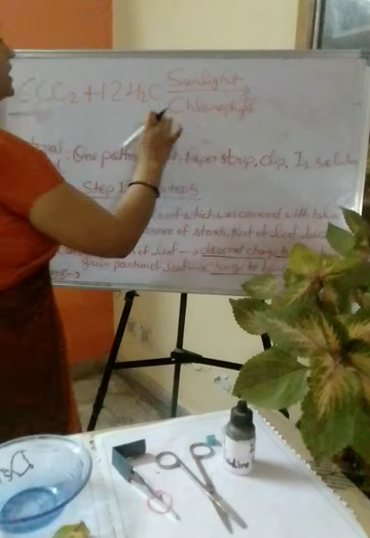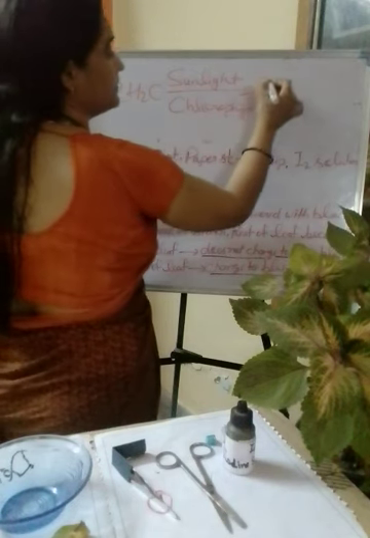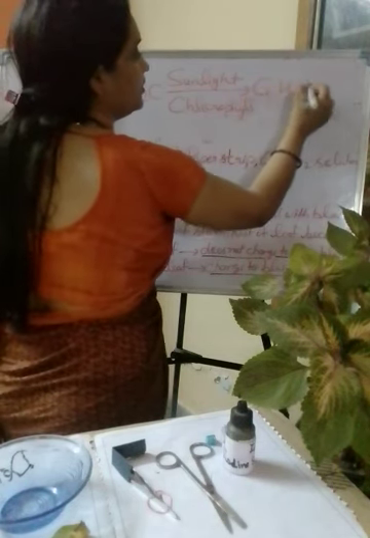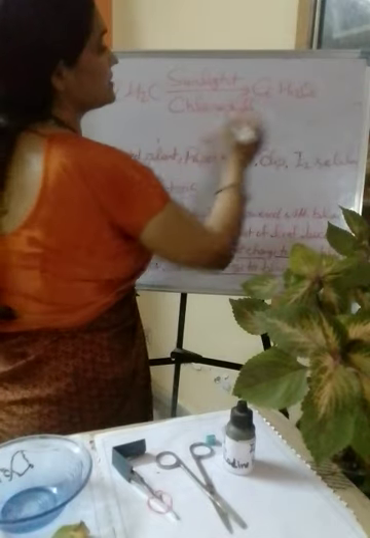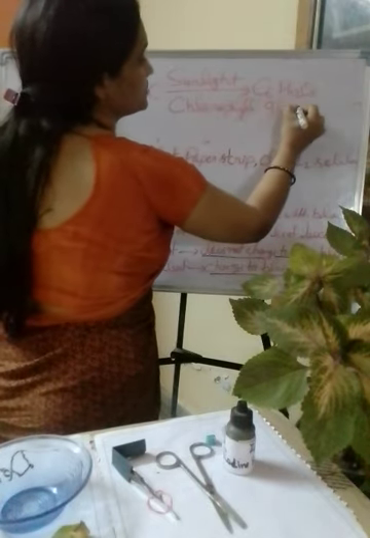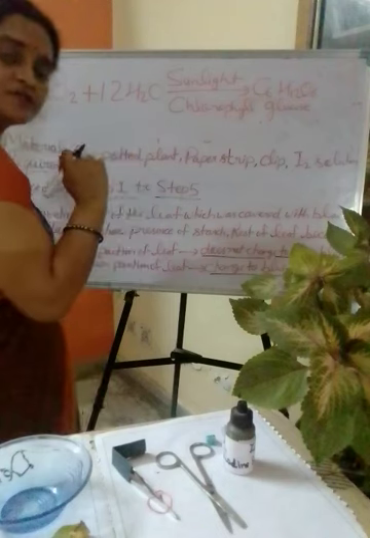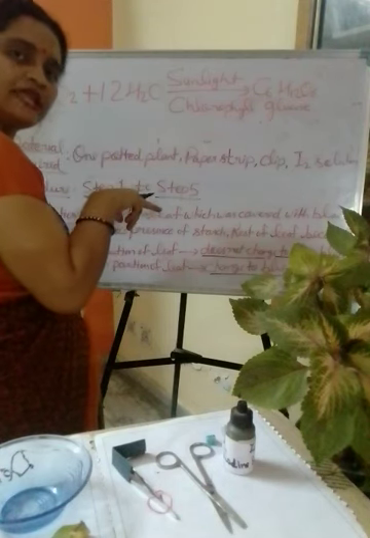Understand that? Now what will be made? It will make carbohydrate, it means glucose. Glucose is formed in the leaves.